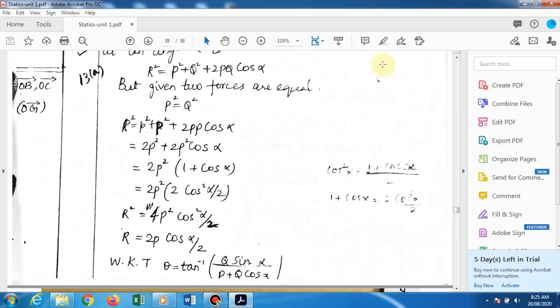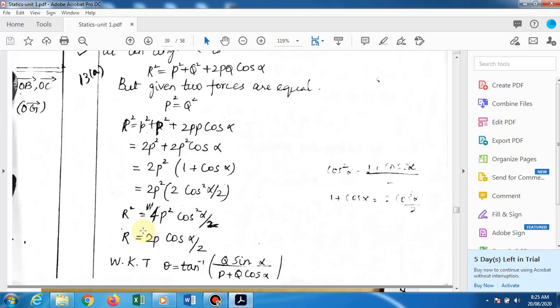Then 2 cos square theta by 2 is equal to 1 plus cos theta. Here, in the place of theta you have alpha, so you will get 2P square times 2 cos square alpha by 2, because here only cos alpha is there.